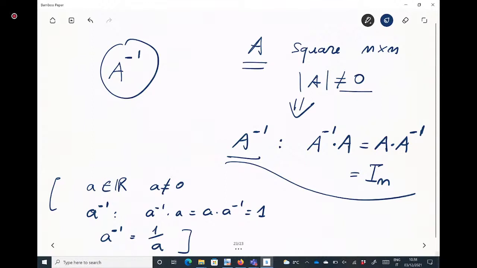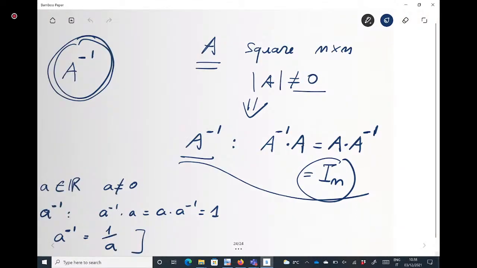So, you know, in principle, when we want to compute the inverse matrix of a matrix, we should find matrix A minus 1 that multiplied by A gives the identity matrix of order n as the result. Of course, we don't do this.